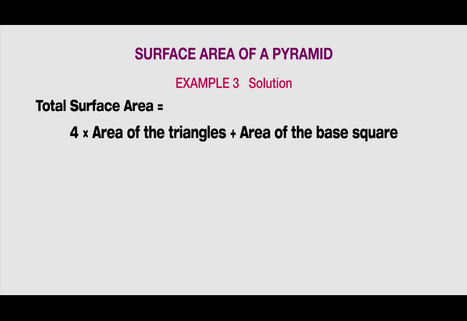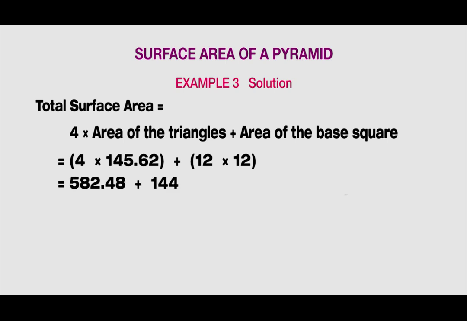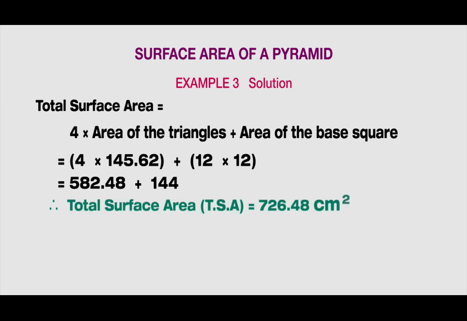So we get our total surface area to be equal to 4 times area of the triangles plus the area of the base. And that will give us 4 times 145.62 plus 12 times 12. And that will simplify to 582.48 plus 144. Therefore, the total surface area is equal to 726.48 centimeters squared.